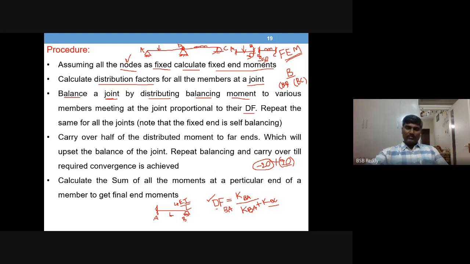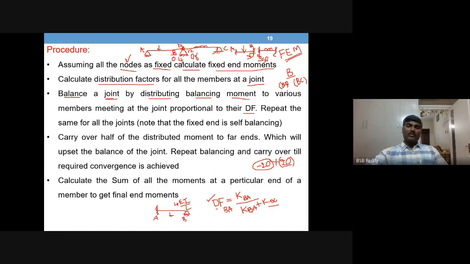If the distribution factor of BA is say 0.4 and the distribution factor of BC is say 0.6, then plus 20 shall be applied to BA with value 0.4 times 20, which means 8. For BC, how much to apply? 12, which is 0.6 into 20.